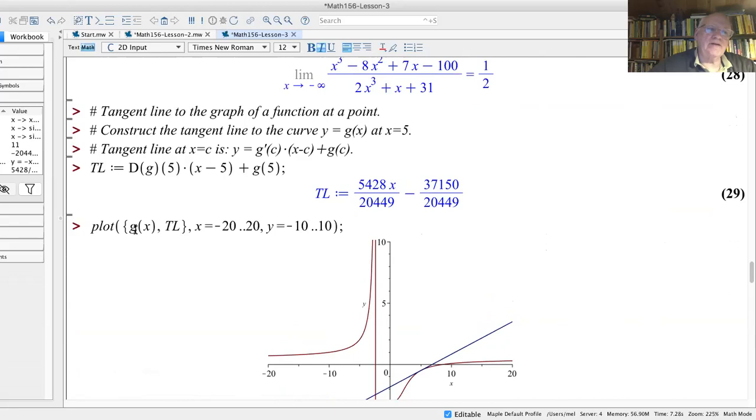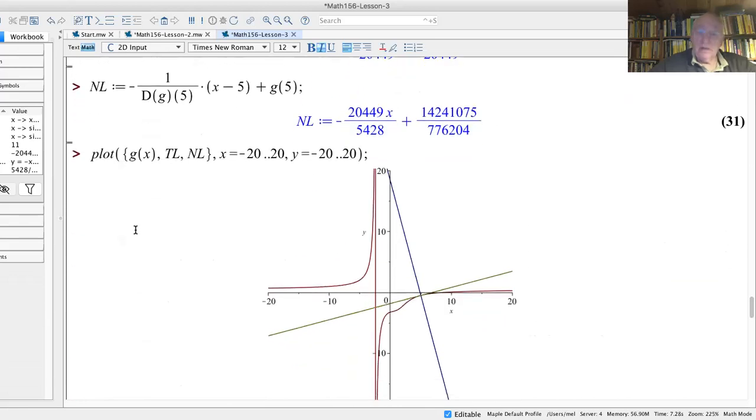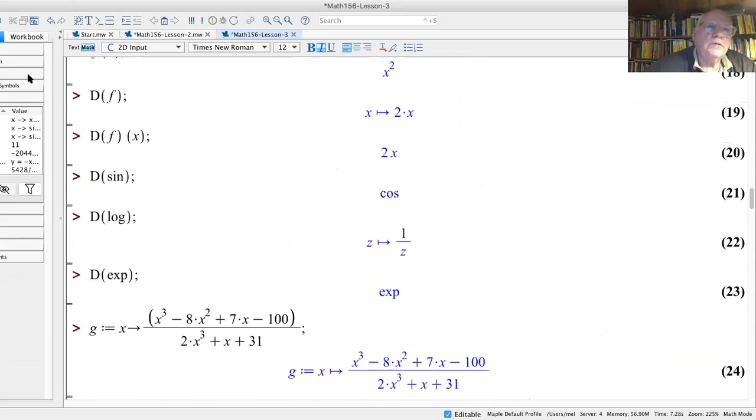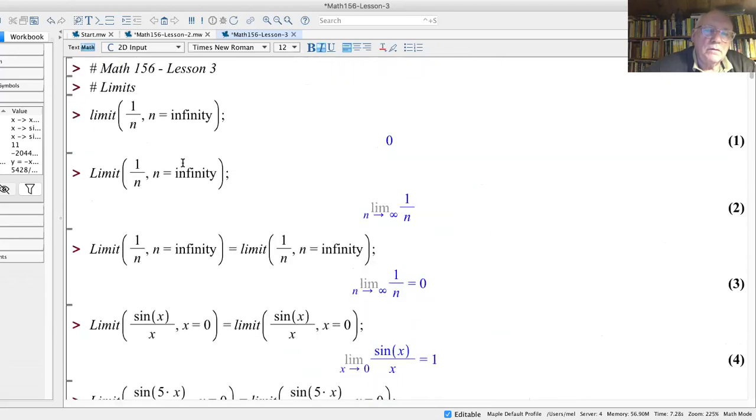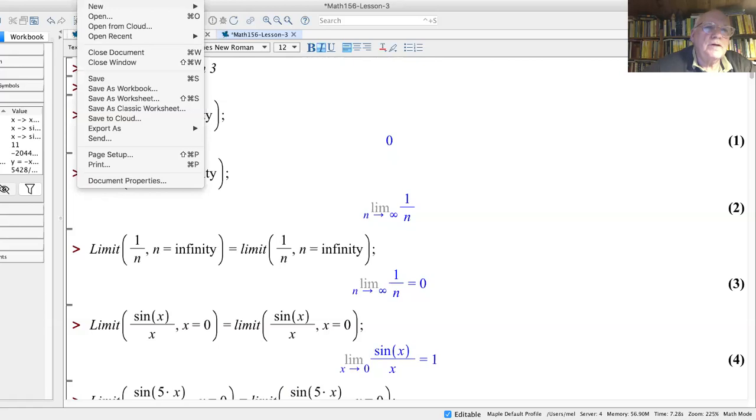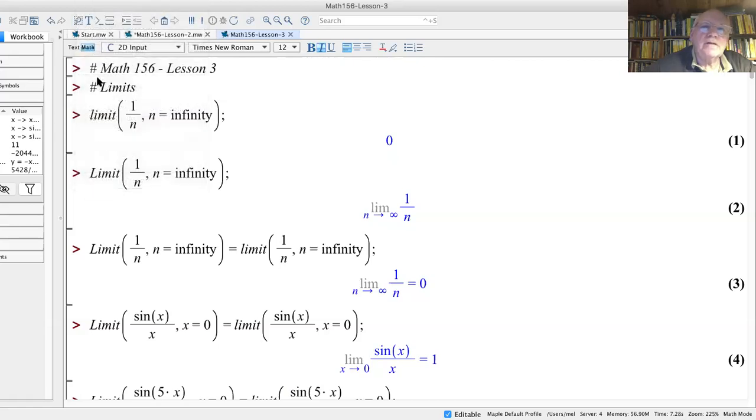And knowing about tangent lines and normal lines. So if this were Math 175 and Math 155, you wouldn't have gotten to this yet, but you're in Calc 2, so you know all of the theory behind this. So that's it. That's lesson 3. Just save this, and we are done.